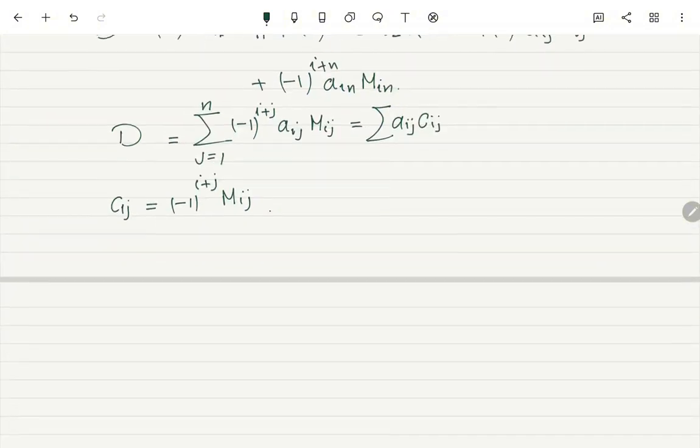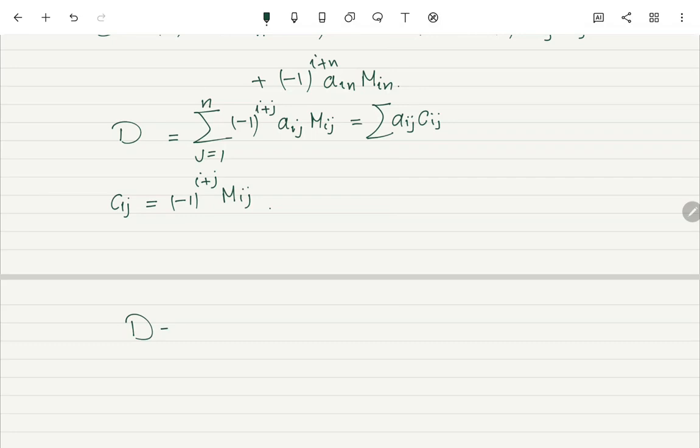Now in the same manner, D will be equal to summation of minus 1 to the power i plus j Aij Mij, i from 1 to n, which equals summation Aij Cij, i equal to 1 to n. And this is called Laplace development by minors.